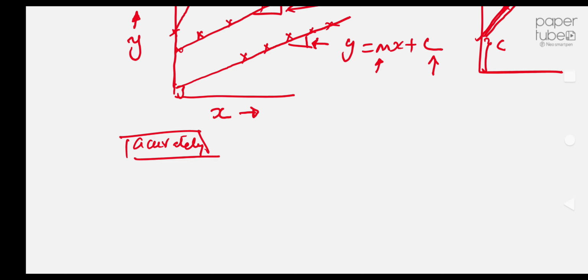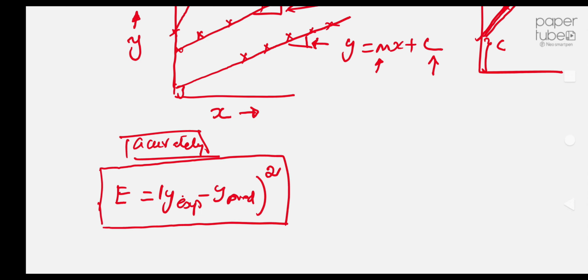As I said, the principle of least square says that the error between your experimental value and your predicted value, raised to the power 2, is how we define the error. This is the error between the y value, in this case the dependent variable obtained from experiments, and the one predicted using the equation y is equal to mx plus c. That error function should be equal to minimum.